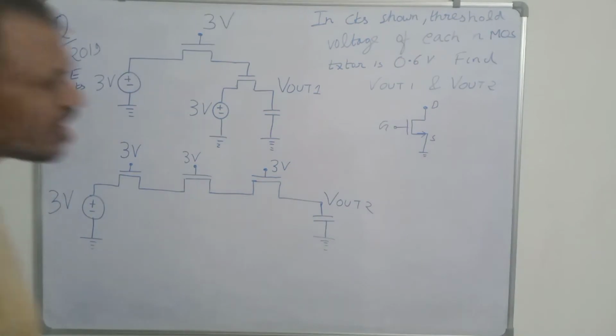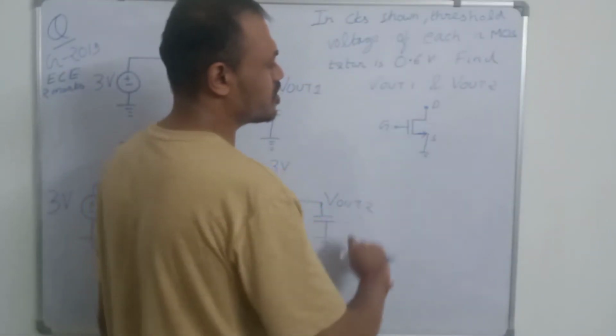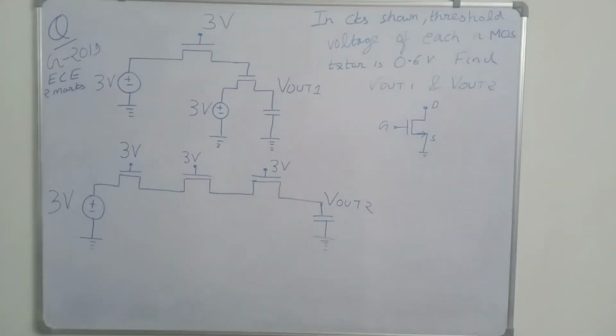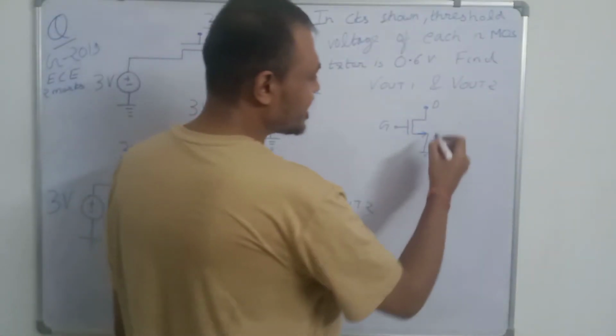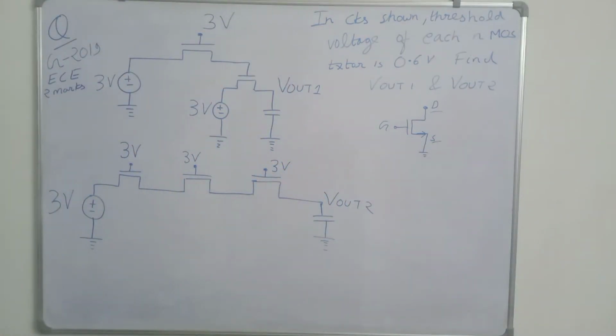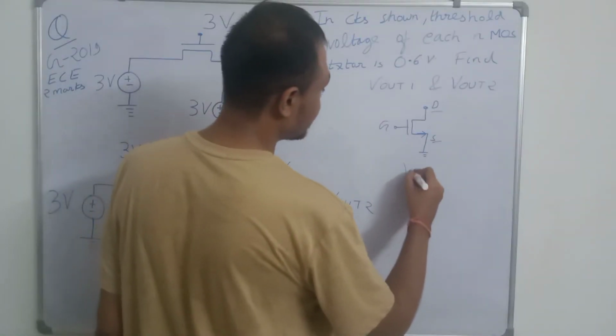The direction of current is from drain to source. So obviously the potential of drain is greater than the potential of the source terminal in NMOS, because the direction of current is from drain to source. So VD is greater than Vs.